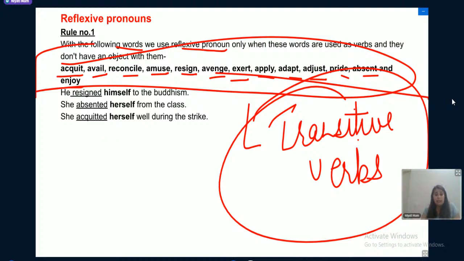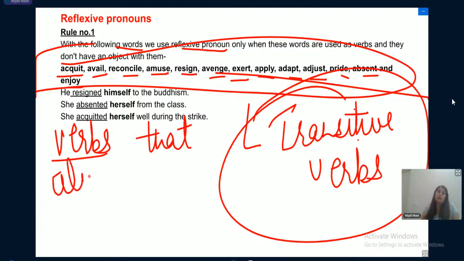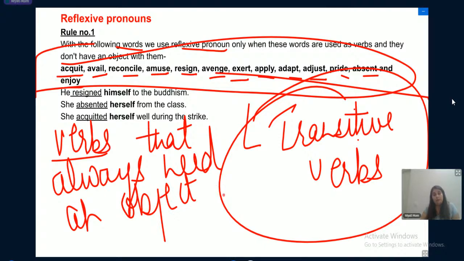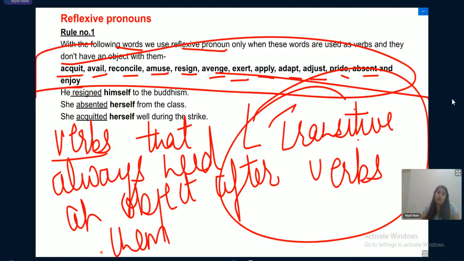Transitive verbs are the verbs that always need an object after them.